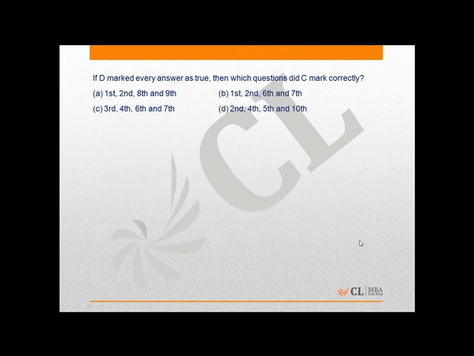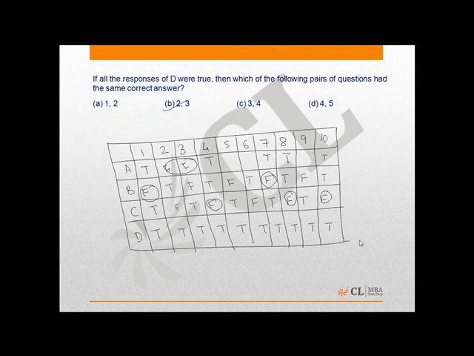As D has marked every answer as true, what questions did C mark correctly? We can use the table that we prepared in the previous question. C has got the first correct, C has got the sixth correct. So the answer would have been false, and C would have got that correct.